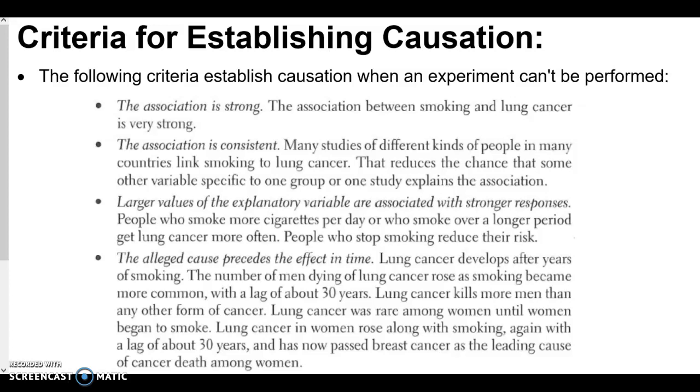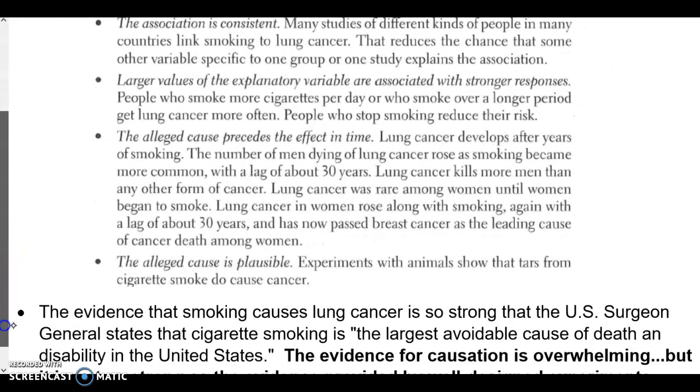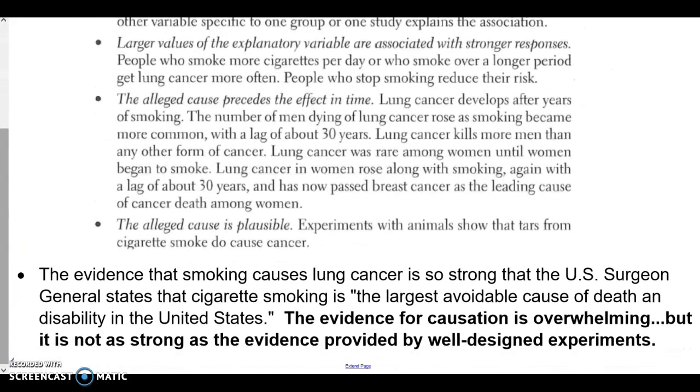So using the cigarette example, we need to apply it here. The evidence that smoking causes lung cancer is so strong that the U.S. Surgeon General states that cigarette smoking is the largest avoidable cause of death and disability in the United States.